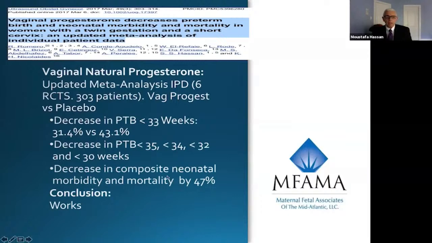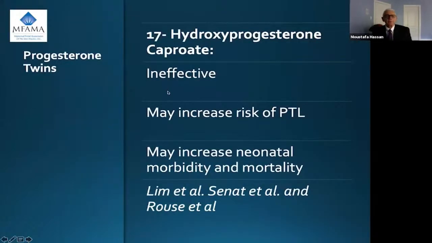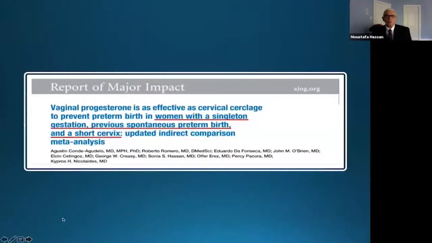And also a decrease in neonatal morbidity and mortality. So progesterone in twins and singletons works. Now, going back again to the 17-hydroxyprogesterone, it's ineffective, may increase the risk of preterm labor, may increase neonatal morbidity and mortality, and does not work in twins.